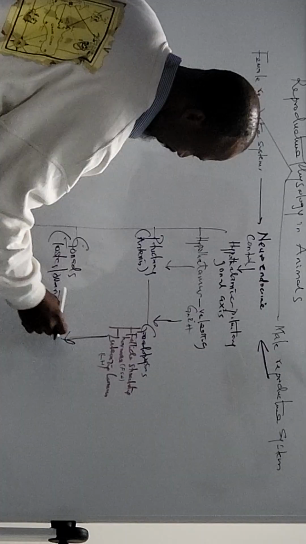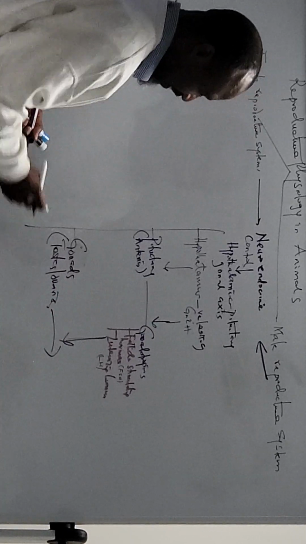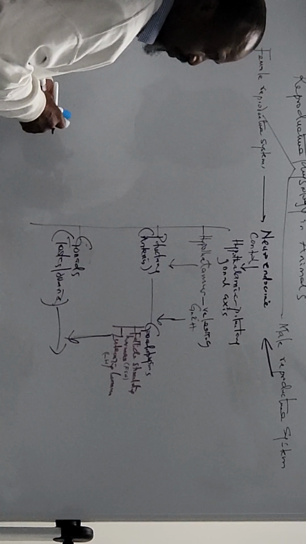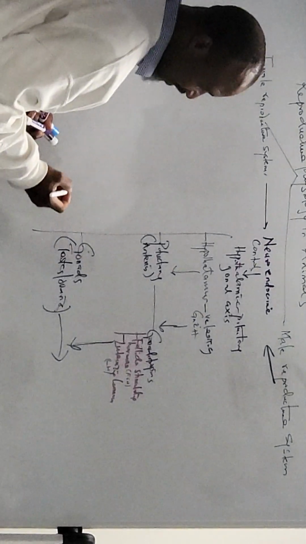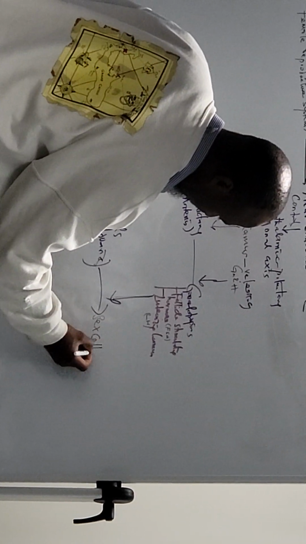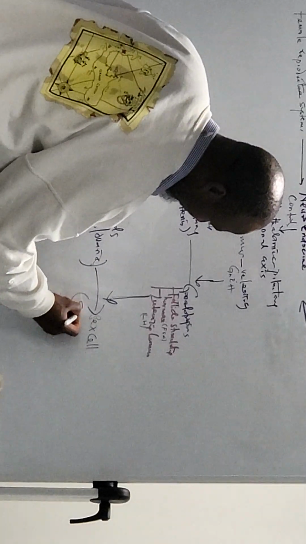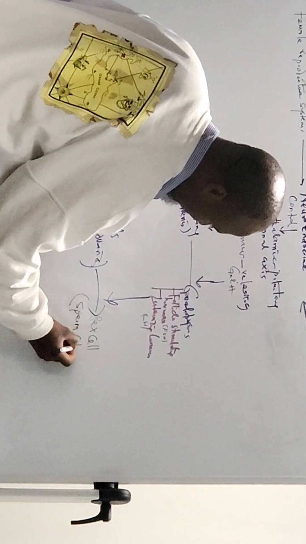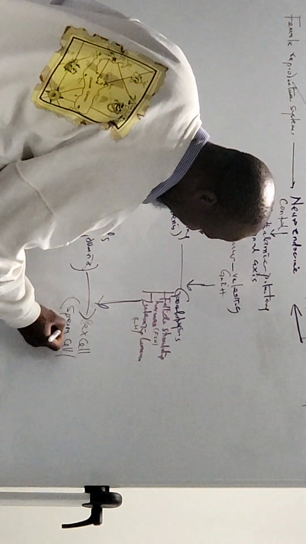So these hormones will act on the gonads, and they will produce their sex cells, which are the sperm cell and the egg cell.